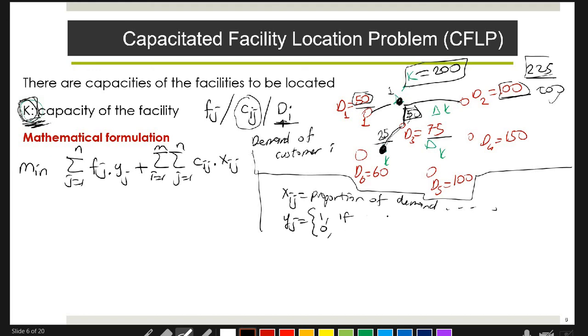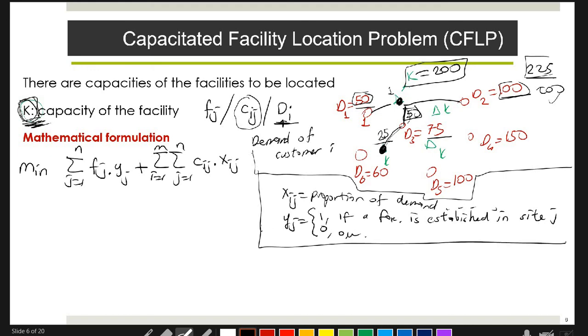If a facility is established in site J, it will take the value of 1, otherwise it will be 0. Okay, so this is our objective function, minimize total cost, subject to the constraints.